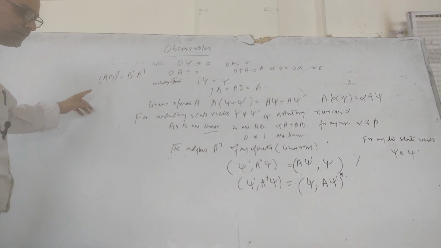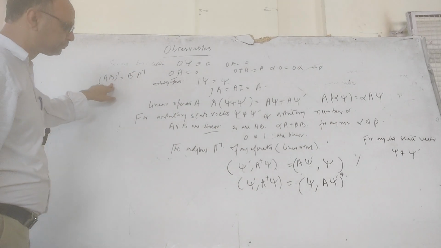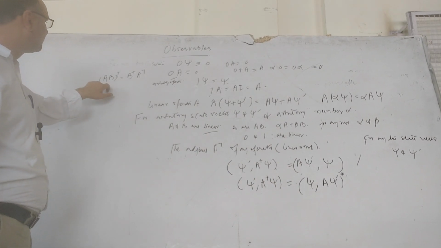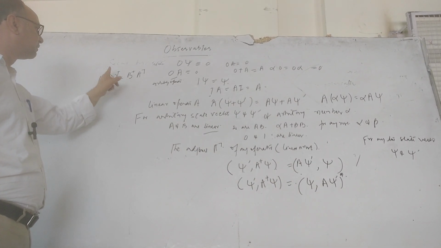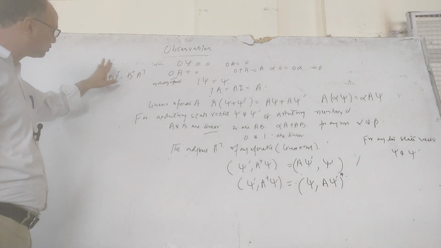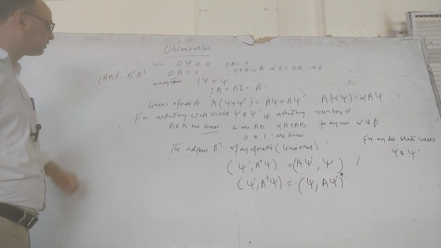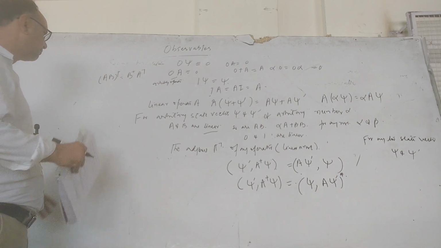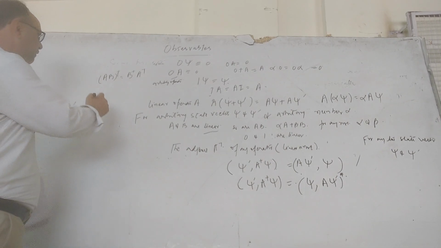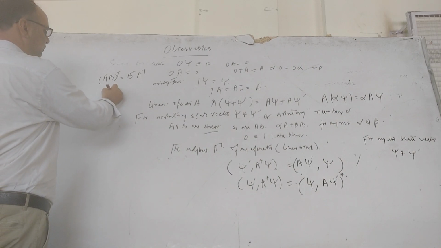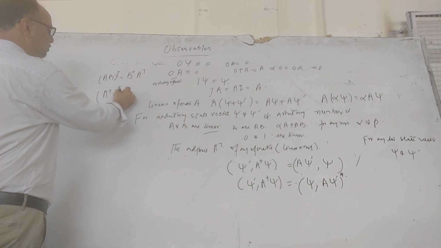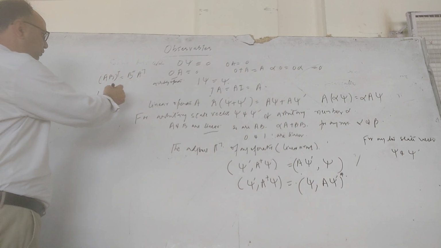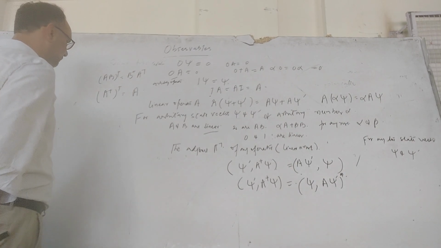You have these operators, and if you take (AB) dagger whole, it should be equal to B dagger A dagger. You can verify this property in a very simple sense. And the other properties you might know: the conjugate of the conjugate gives the operator back.